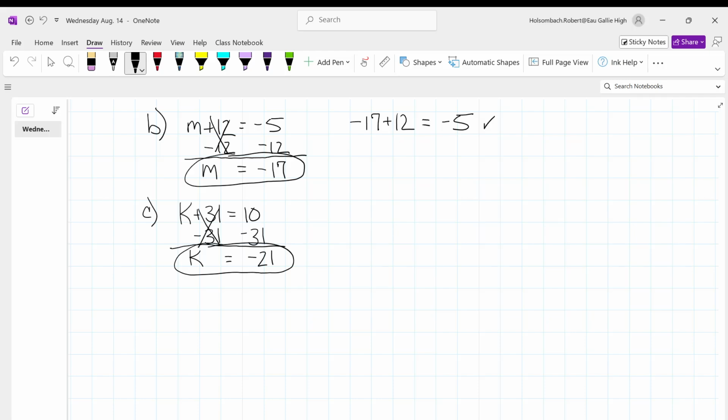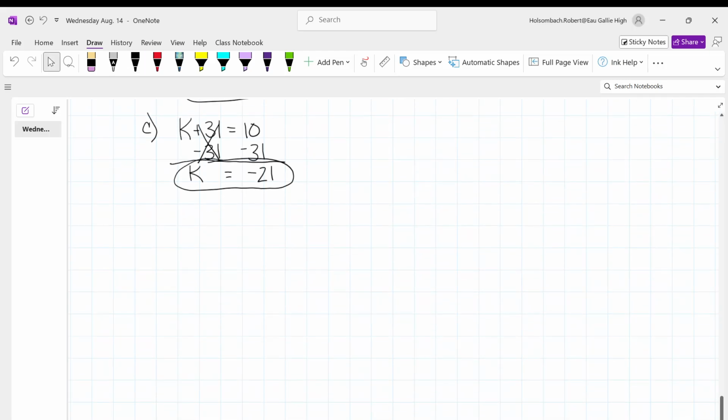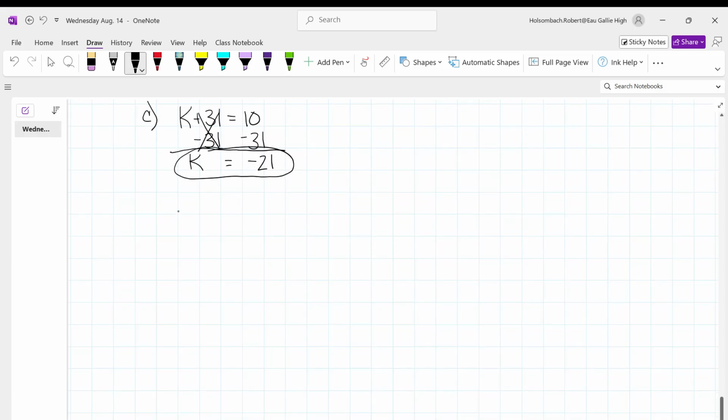All right, so in example 2, right below that, we got example 2a. Now we're going to deal with multiplication and division. So in this equation, we have 4d is equal to 36.